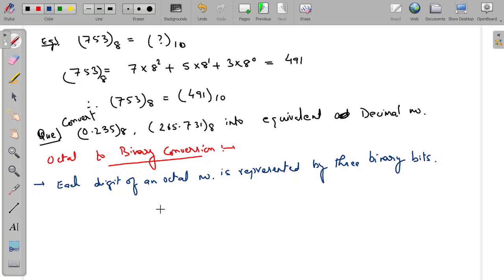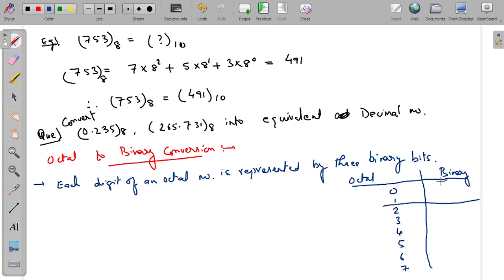So for example, we can have an octal number and the binary equivalent number. We'll start from 0, 1, 2, 3, 4, 5, 6 and 7. 0 can be represented by 000, 1 would be 001, 2 would be 010.